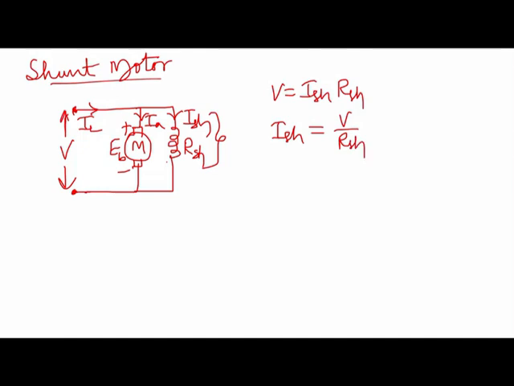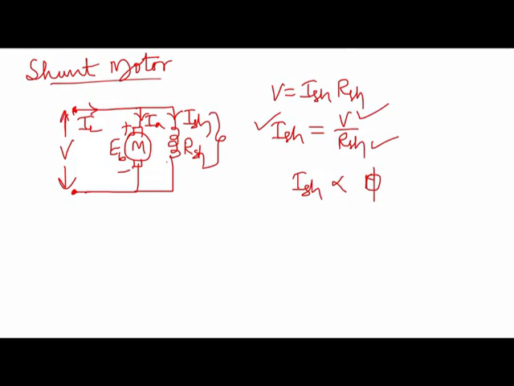Once you apply the voltage to the DC motor, the applied voltage remains constant, and the resistance of the field winding also remains constant. From this we can say that the shunt field current is also constant, since ISH is directly proportional to the flux produced in the field winding. If ISH increases, flux produced increases.